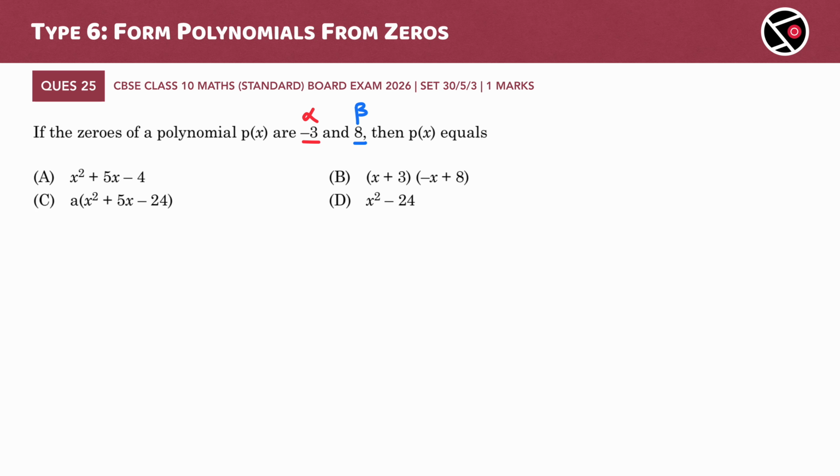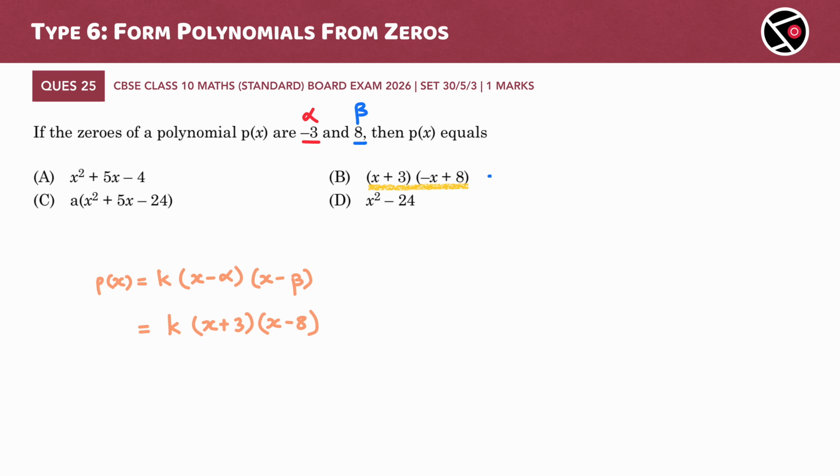And as I explained earlier, we can represent a quadratic polynomial p(x) in its factored form as k (x minus alpha)(x minus beta). We have x minus alpha is x minus (minus 3) or x plus 3. x minus beta is x minus 8. Compare this result with option B carefully.